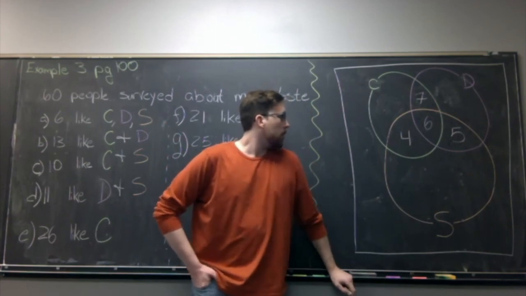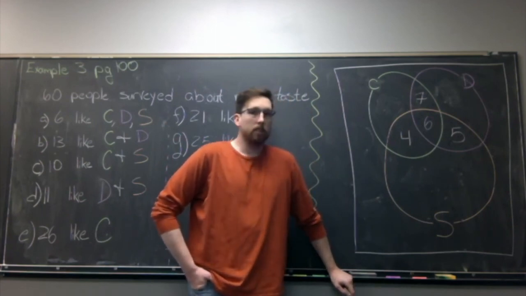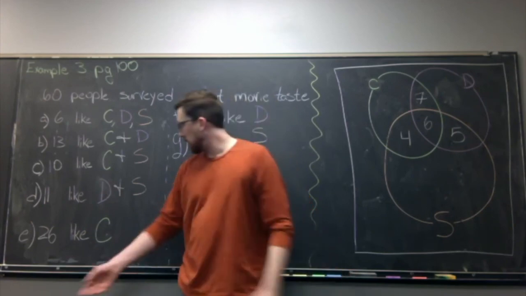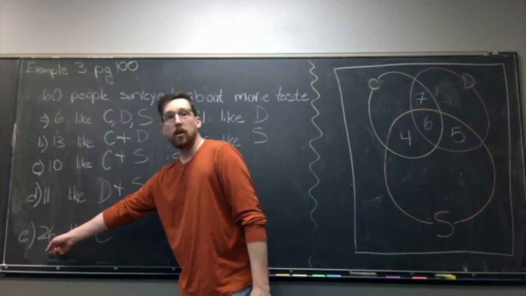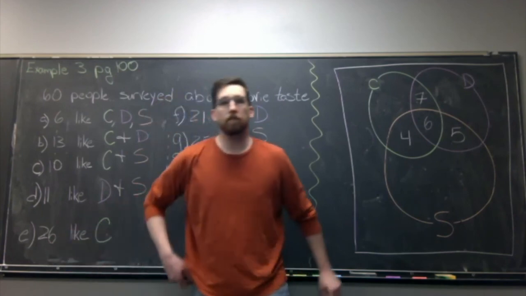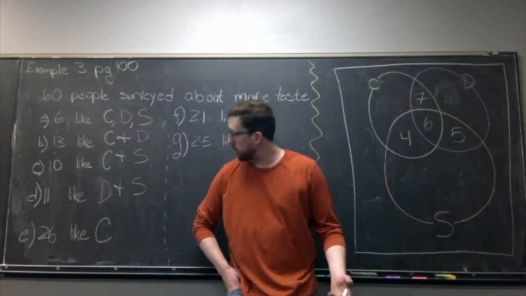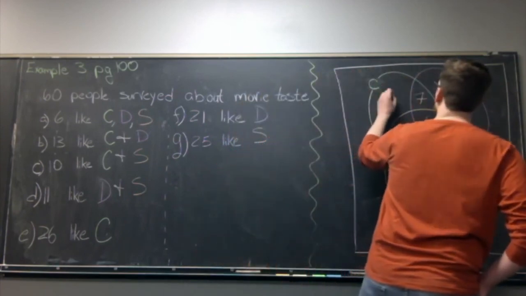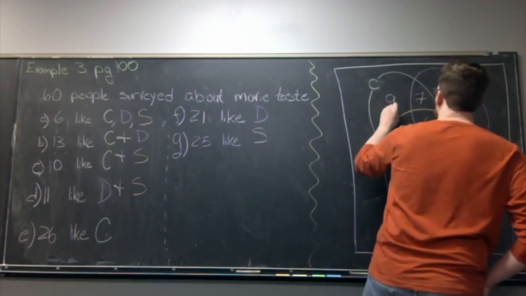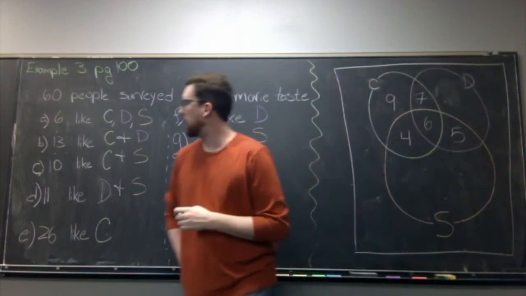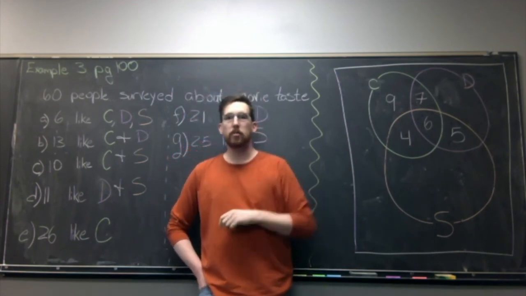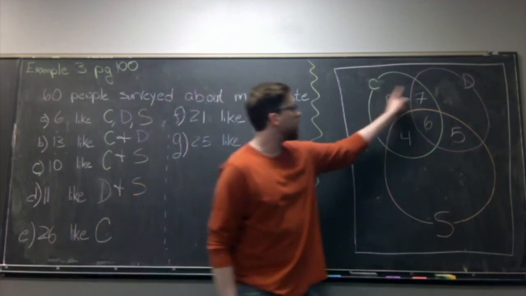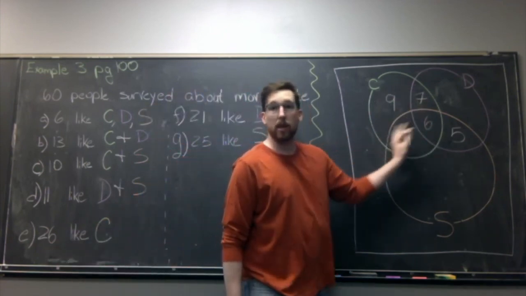All right? 4 plus 6, 10. 10 plus 7, 17. We're going to subtract 17 from this 26. And we're going to be left with just 9. Cool. Makes sense. 17 plus 9, 26. And that's how many people belong in just the comedy circle alone.